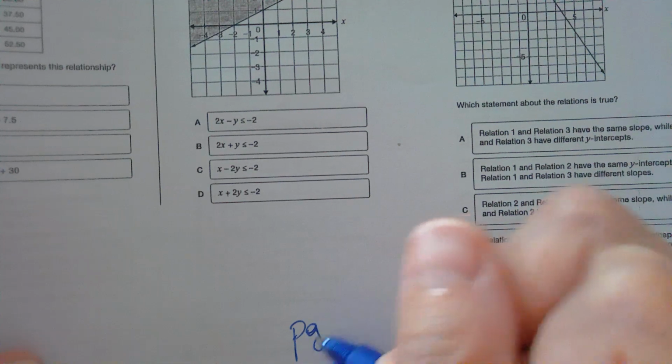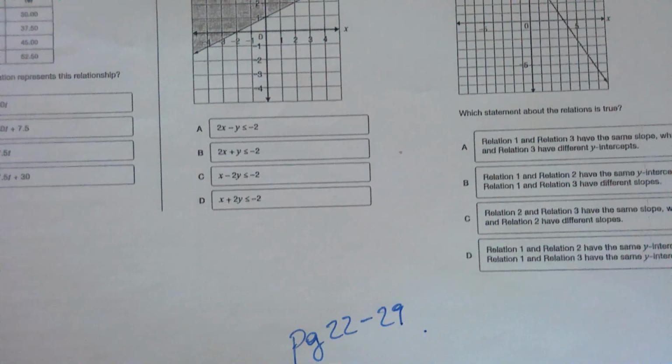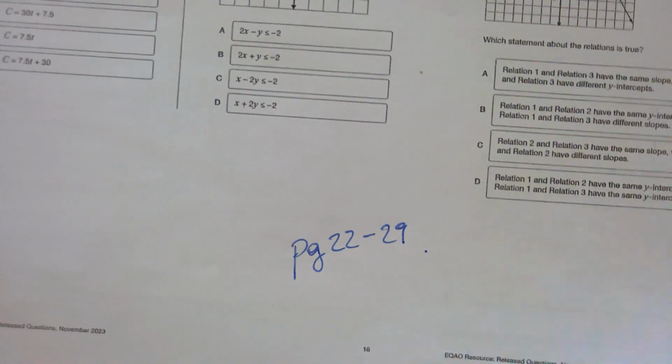For the rest of the class, you can finish the rest of the package. There aren't that many left. Pages 22 to 29. It's actually the same amount of questions. Yesterday you did number 1 to 18.